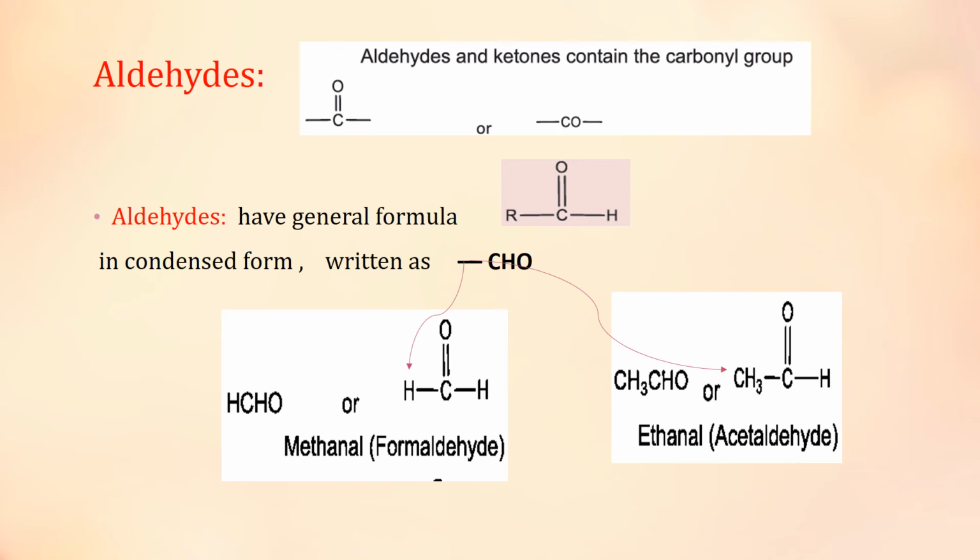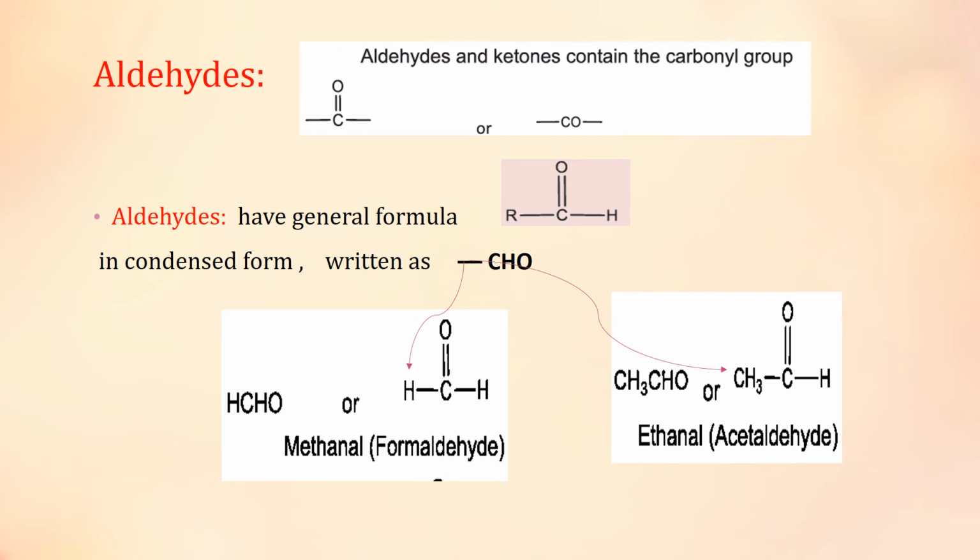You can see two examples here. When this carbonyl group is attached to two hydrogen atoms, one hydrogen on one side and another hydrogen atom on the other side, then this compound is called formaldehyde, or methanal. In the second example, you can see that on one side of the carbonyl group the CH3 alkyl group is attached, and on the other side it is hydrogen.